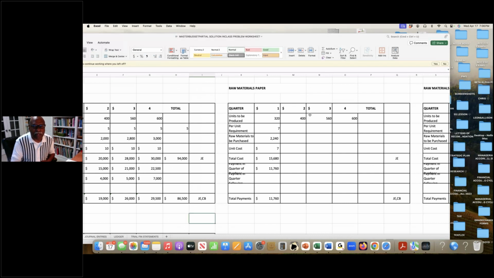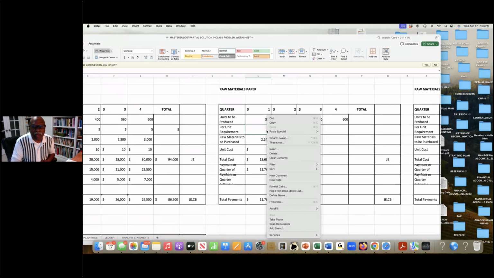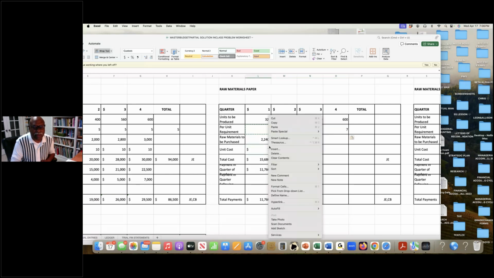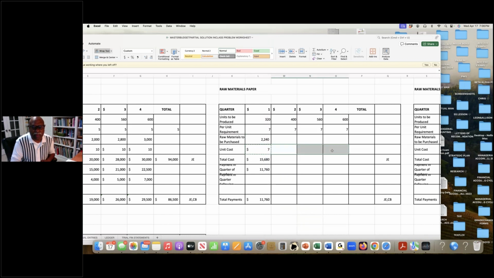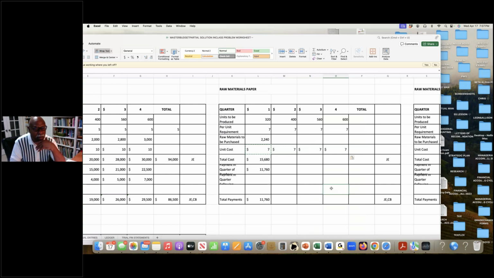Okay, do we have the raw materials paper knocked out? We brought in those same units to be produced.